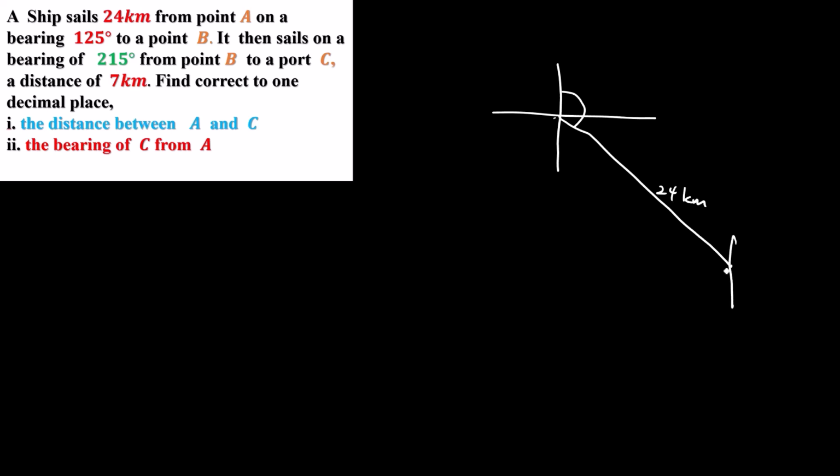So let's sketch it here. So 125 is behaving like this. So 24 kilometers. So let's call this side B. So we have A, then B. So that's the first statement. So we have 125 degrees.